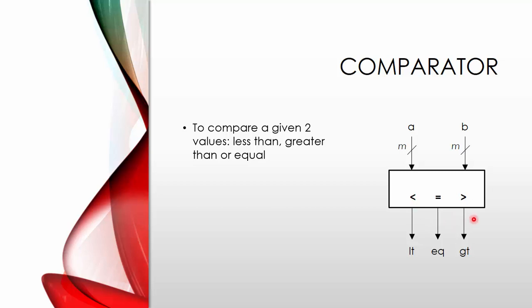The other two outputs, equal and greater than, will be low. If A and B are the same or equal, then of course the EQ or equal to signal will be set to high. Less than LT and greater than GT will be set to low.